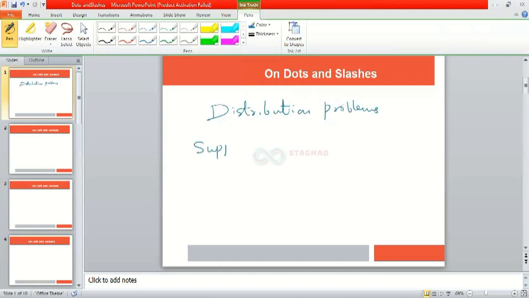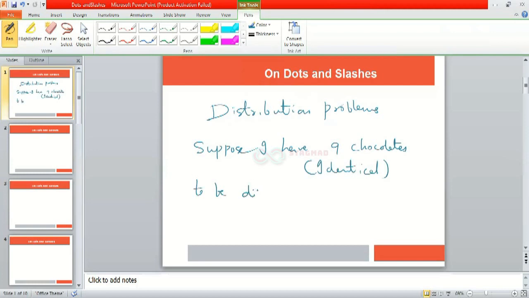Suppose I have 9 chocolates, and let's keep it identical, indistinguishable, to be distributed to five distinct kids.